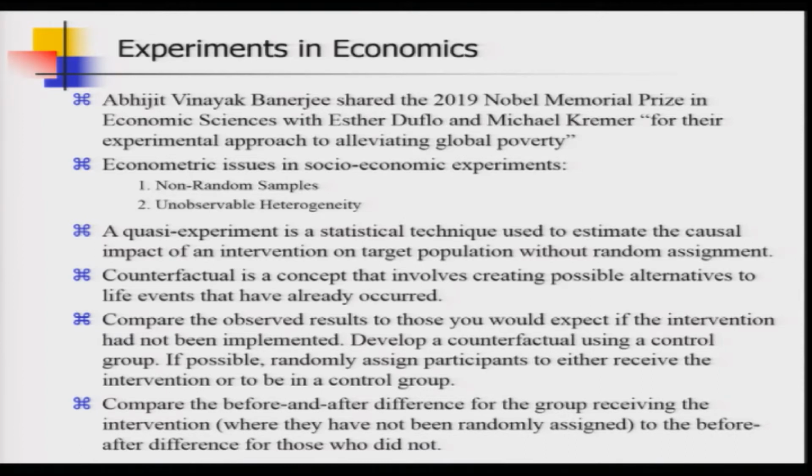socio-economic experiments in economics. I am going to talk about two issues here, noted as the second bullet point: non-random samples and unobserved heterogeneity. Let me explain these econometric issues. The first one is the example of non-random samples.